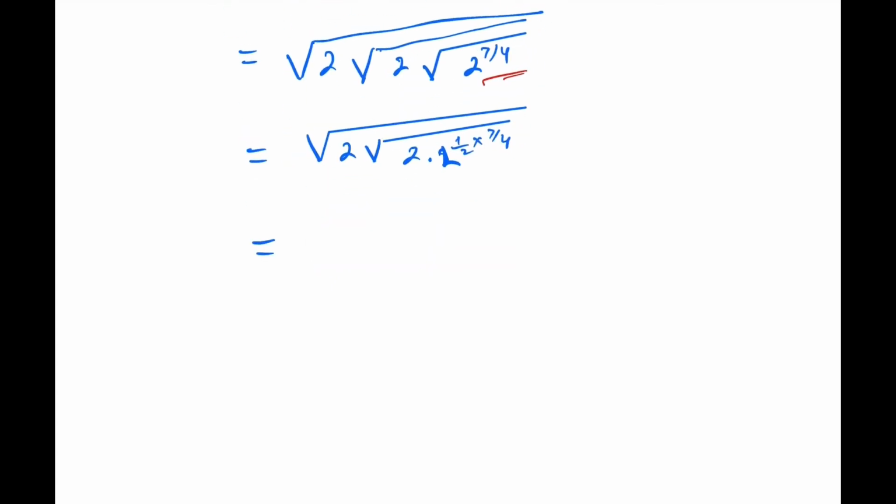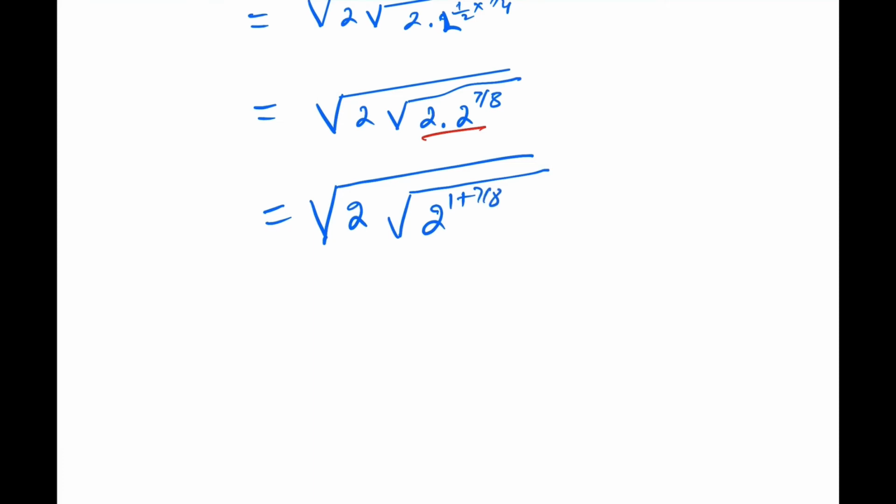So this is equal to square root of 2 under root square root of 2 into 2 raised to the power 7 by 8. Now this is equal to under root 2 under the root, this one we can write as 2 raised to the power 1 plus 7 by 8.